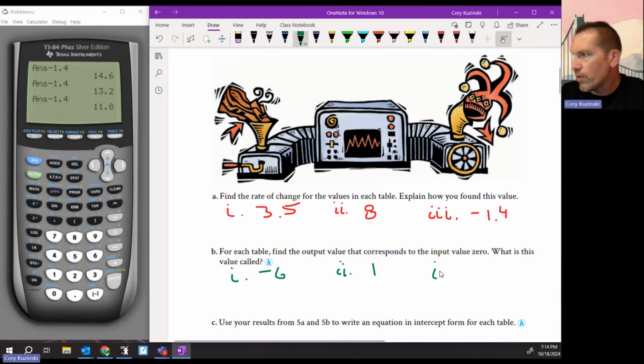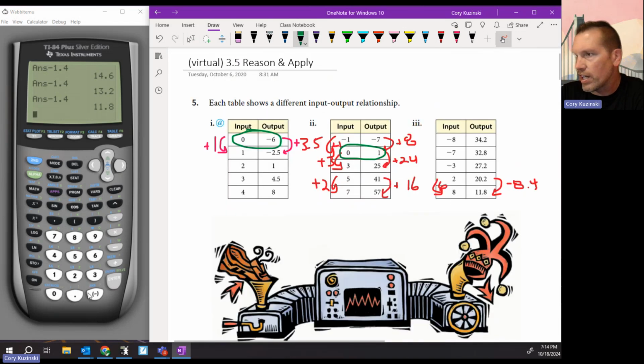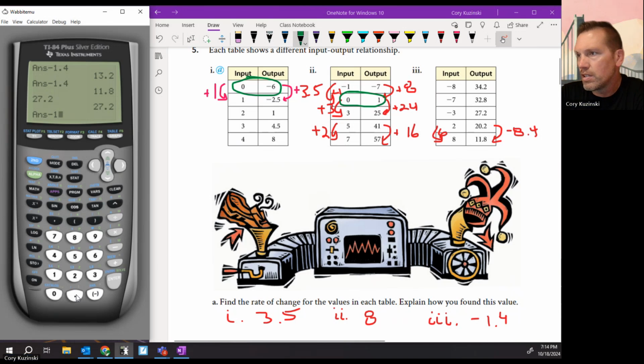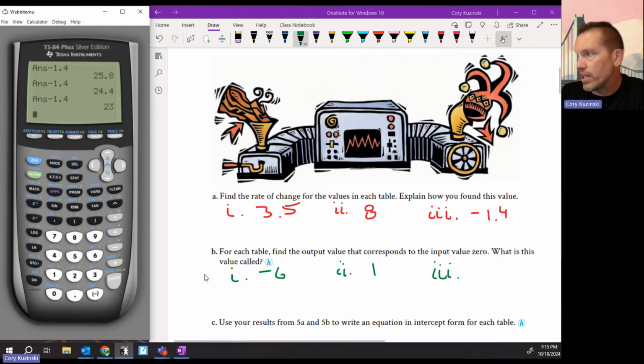And for 3, I went right past it when I was doing my recursive rule, so we're going to have to do it again. How about we just start at negative 3's output, which is 27.2. We subtract the 1.4. That'll give us the output when the input is negative 2, then negative 1, then 0. So 23 is our output, our y-intercept there.